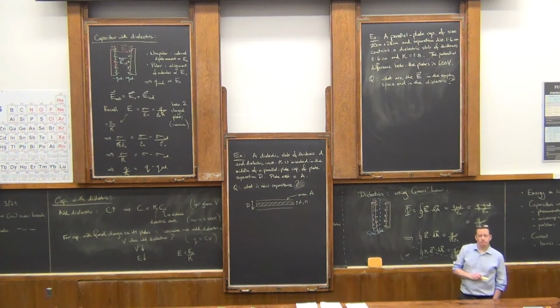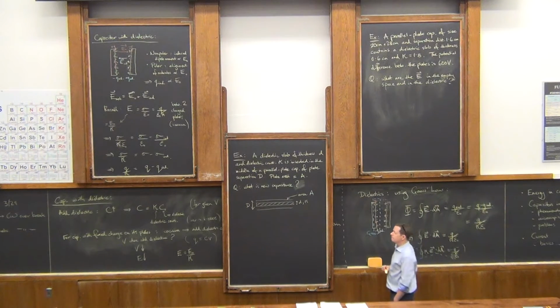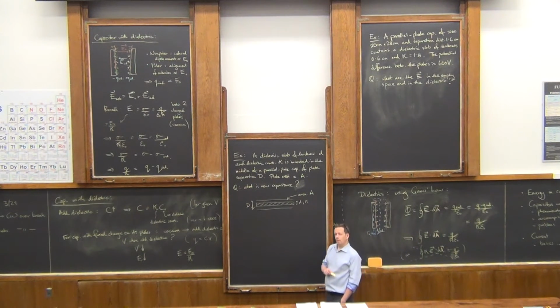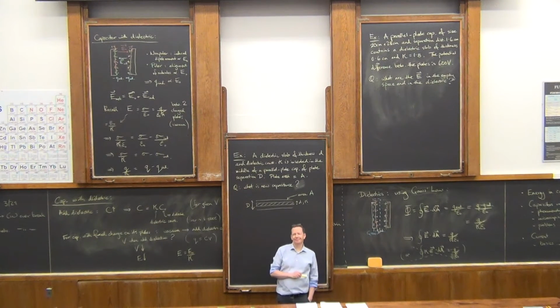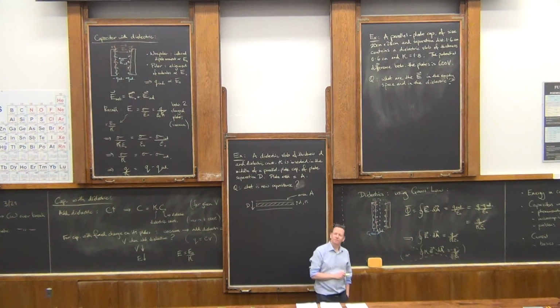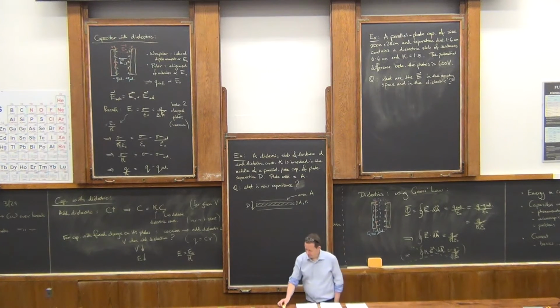Could you treat it as two separate capacitors? You want to elaborate? So like the space between the dielectric and one plate of the capacitor is one capacitor and the other one is another. Okay, I like where you're heading.